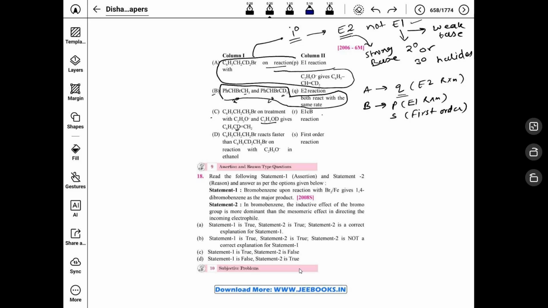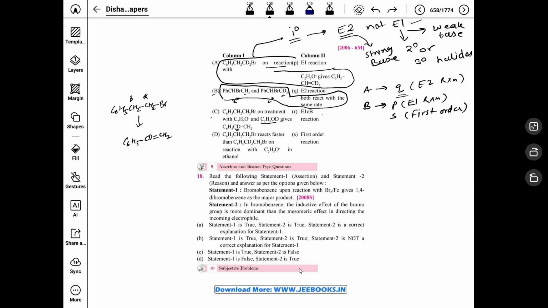So how is it possible? So let's look at this. You have CH2Br, and after this you are getting alkene, and in this alkene the deuterium is coming at the beta position, alpha position, beta position with the double bond.